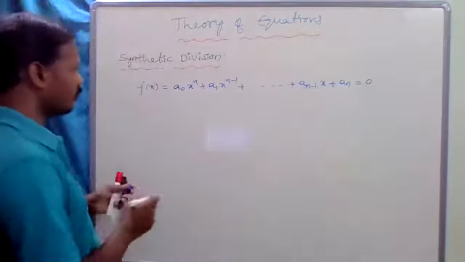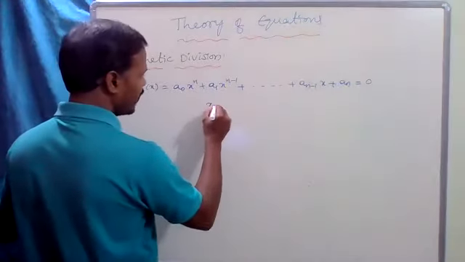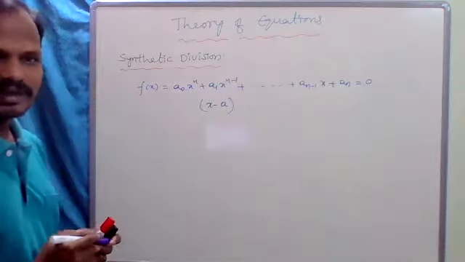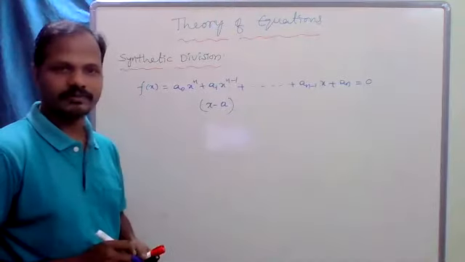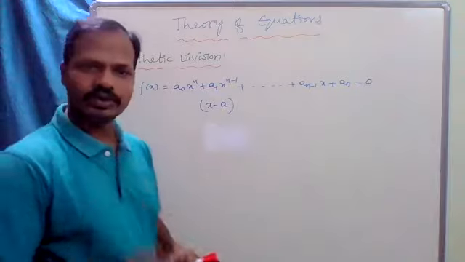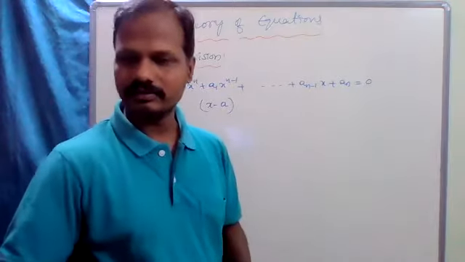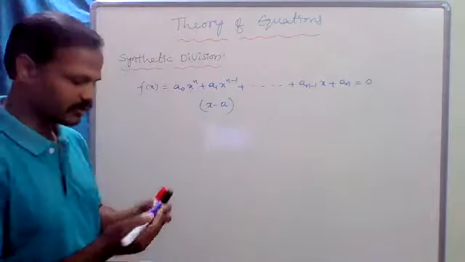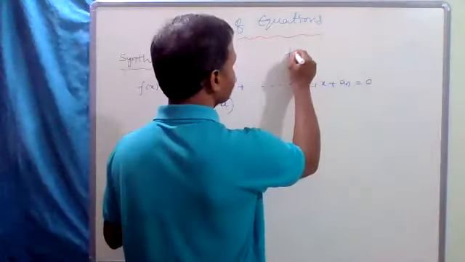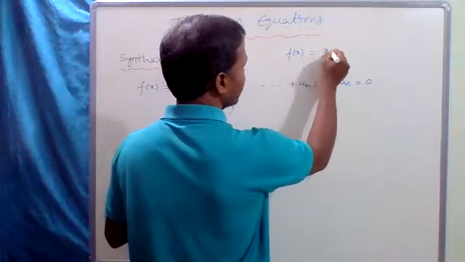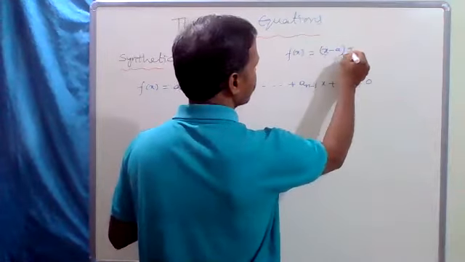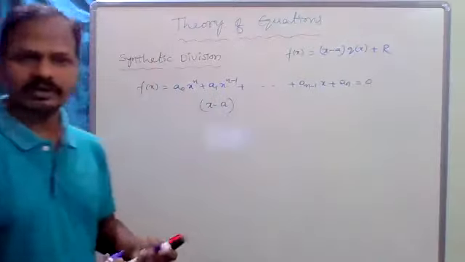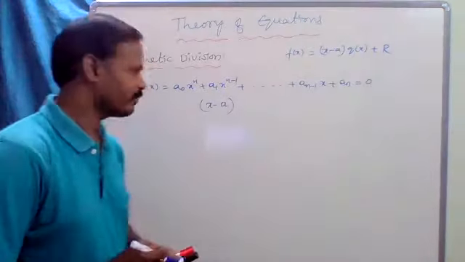If you divide this by x minus a, then we will get a quotient and remainder. So f of x equals x minus a into u of x plus r, where r is the remainder.